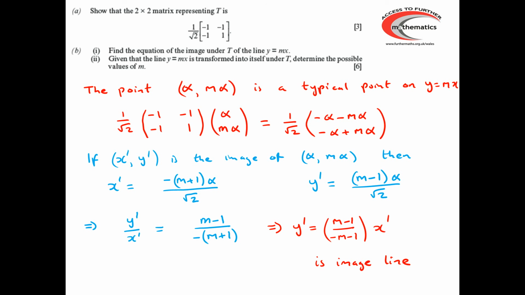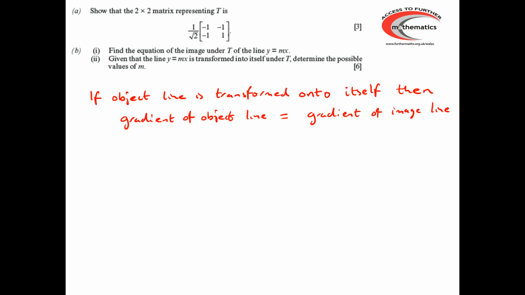Finally, we're told that the line y equals mx is actually transformed onto itself. So that means the image line is the same as the original line, y equals mx. And if the image line is the same as the original line, the gradient of the image line must be the same as the gradient of the original line. So we can say that m, the gradient of the original line, must be the same as m minus 1 over minus m minus 1.